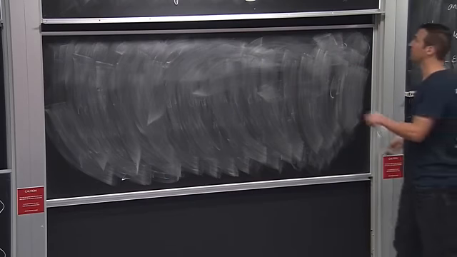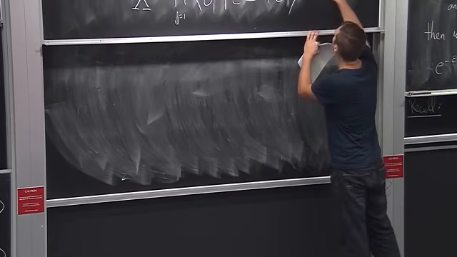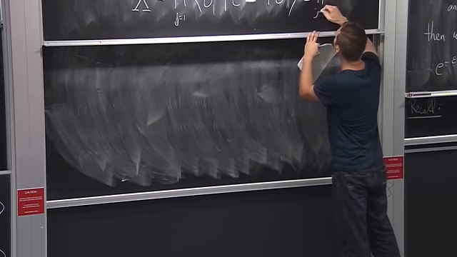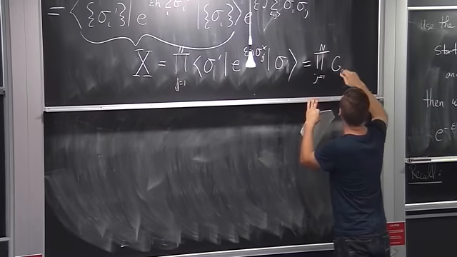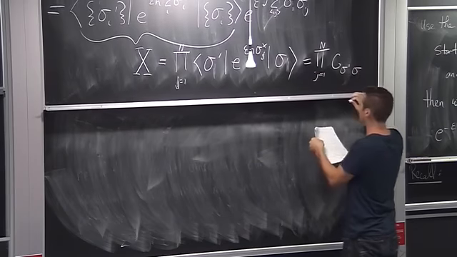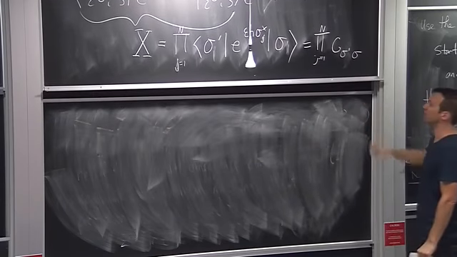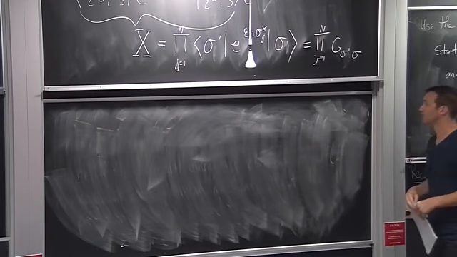So I have this product, let me call it a product over C sigma prime sigma.